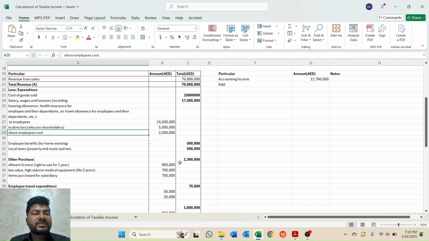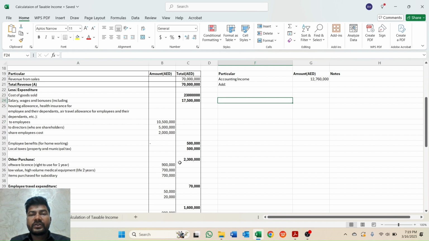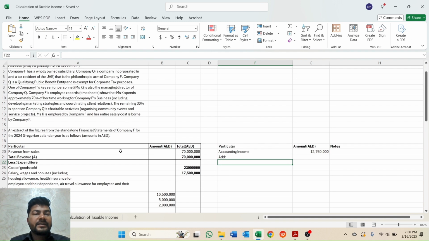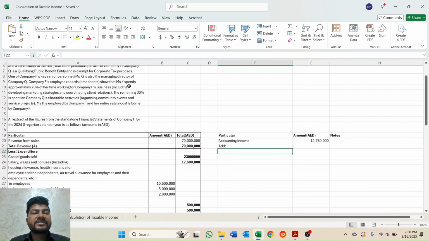Now shared employee cost, you can see here the salary of Miss K. Since Miss K spends only 70% of her working time in the company, only 70% will be allowed as deduction, and the other 30% will be disallowed.